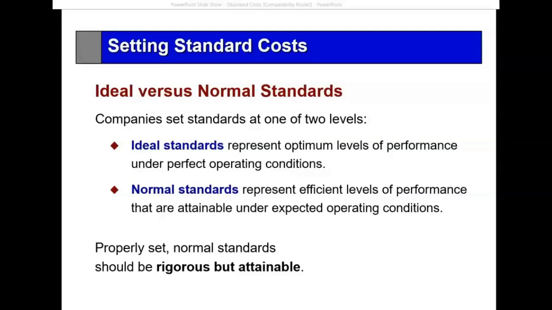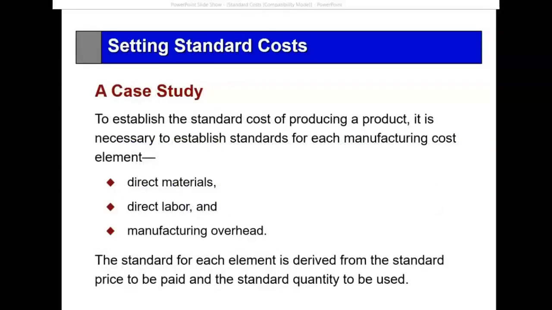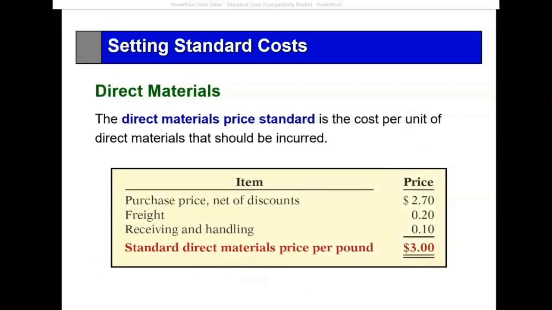But we're going to add freight and handling charges and use $3 as the price per pound for the material. And when it comes to how many pounds we should use to produce the product, we anticipate it would require 3.5 pounds. But now we're going to allow for waste and spoilage and use 4 as a standard. So therefore, the standard amount of material that goes into the production of 1 unit of product would be $12, $3 per pound times 4 pounds.